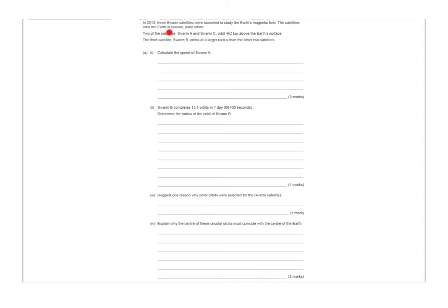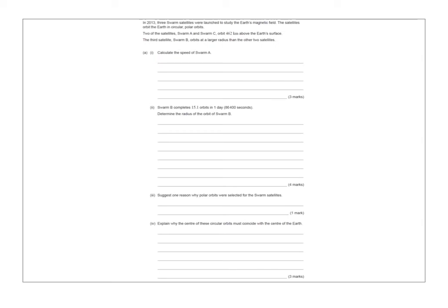The satellites orbit the Earth in circular polar orbits, so north-south pole type orbits. 2 of the satellites, Swarm A and Swarm C, orbit 462 kilometres above the Earth's surface. The third satellite, Swarm B, orbits at a larger radius than the other 2.